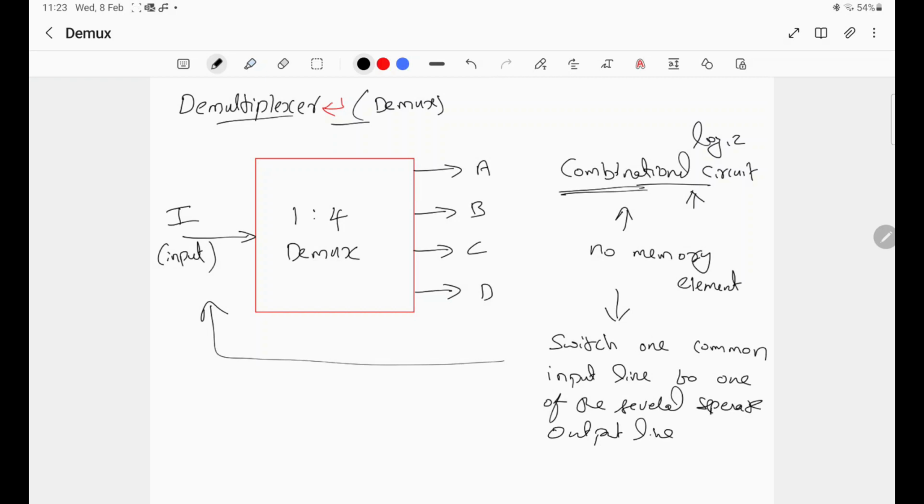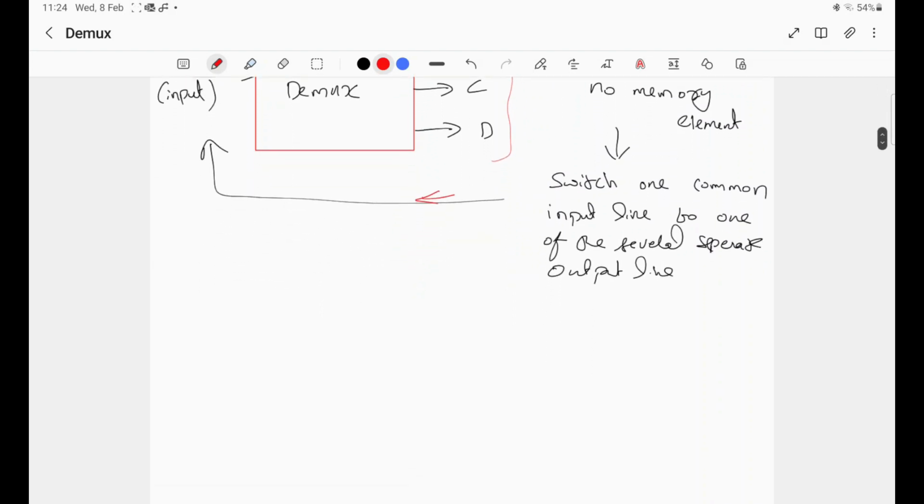That means it will switch this input to any one output at a time. A single input is transferred to any one output at a time.